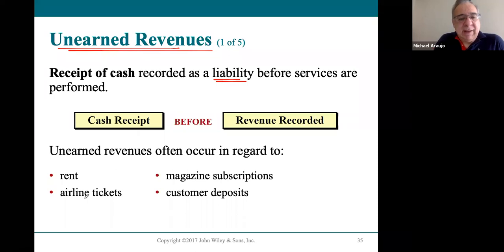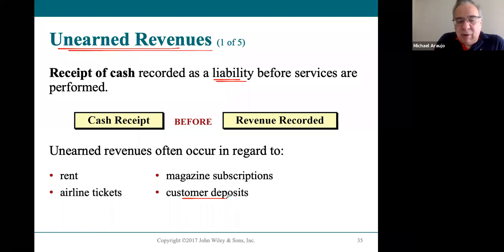And that's recorded as unearned ticket revenue at the airline because they owe you a flight to wherever you're going. If you still have any magazine or other subscriptions, you're usually paying up front for the year. And so that is also unearned subscription revenue, because they owe you whatever you paid for up front.